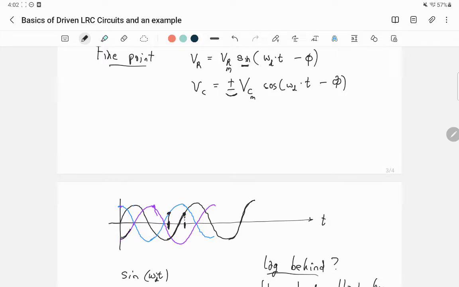So we need to choose the minus sign. It's got to be this. And the voltage across the inductor gets the plus sign. So there's some amplitude of inductor voltage, cosine of omega driver times time, minus the same phase angle phi.